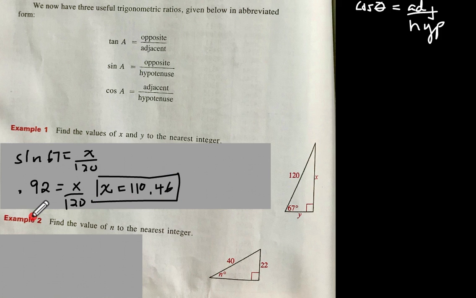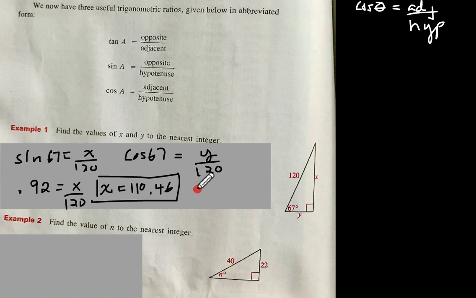If you want to get y, we'll use cosine, because we need this adjacent one. So we would say the cosine of 67 equals y over 120. So we're going to do the exact same thing. We're going to put cosine 67 in our calculator, and I got 0.3907311285, and I'm going to take that times 120.